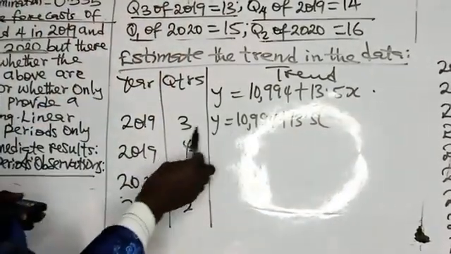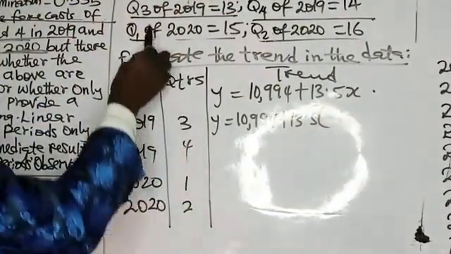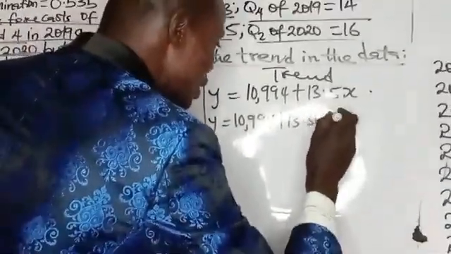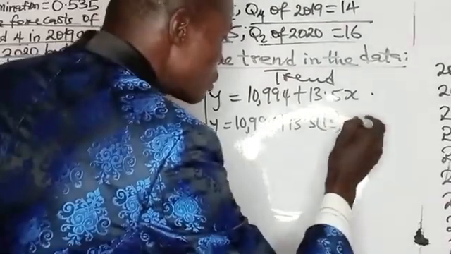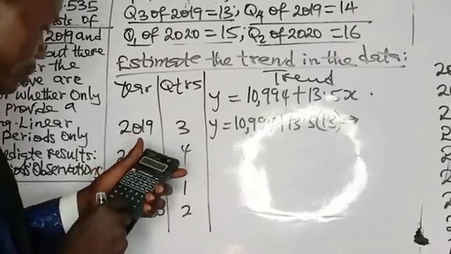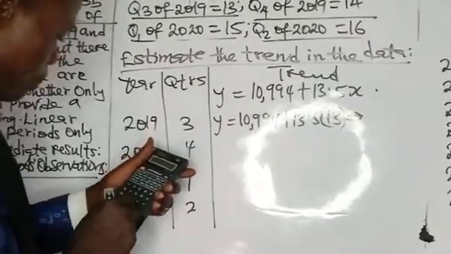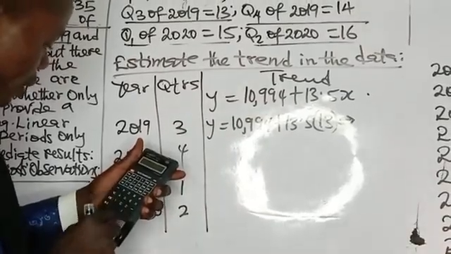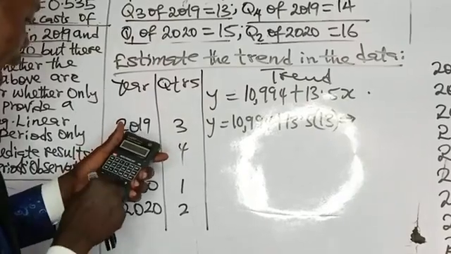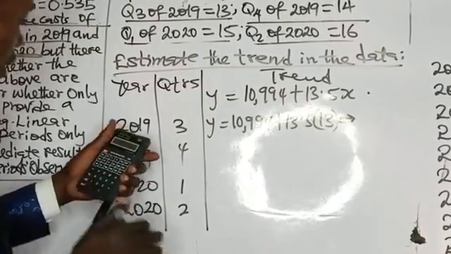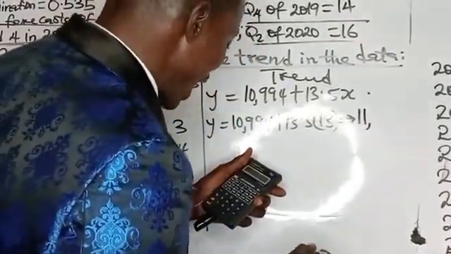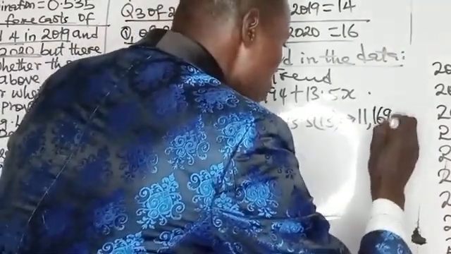For quarter 3 of the year 2019, x is 13. So 13 times 13.5 gives us 175.5, plus 10,994. We have 11,169.50.